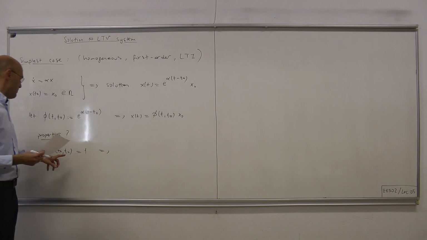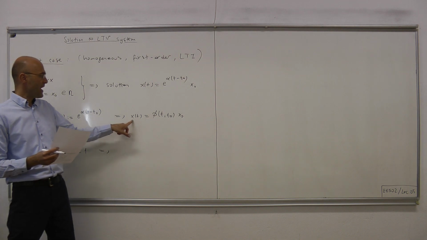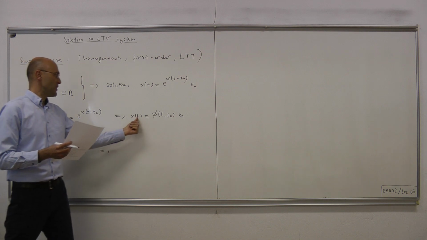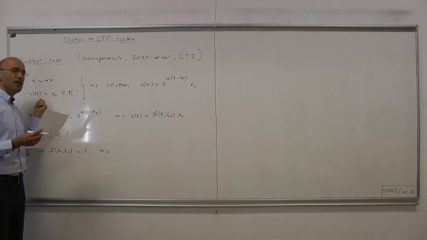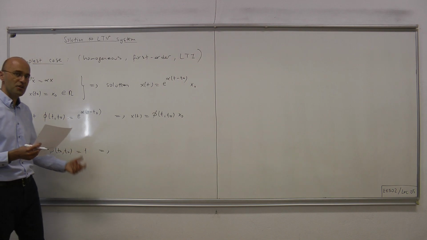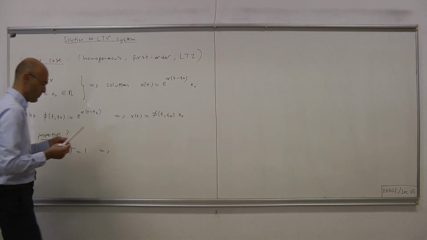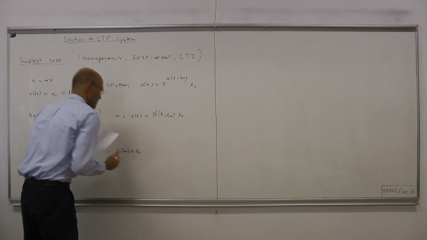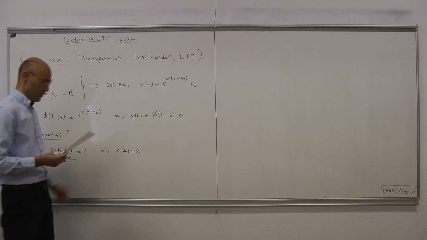Because of this property, we have x of t0 equals 1 times x0, that is x of t0 equals x0, which is the initial condition constraint. So this property gives us directly the initial condition constraint: x at t0 equals initial state x0.